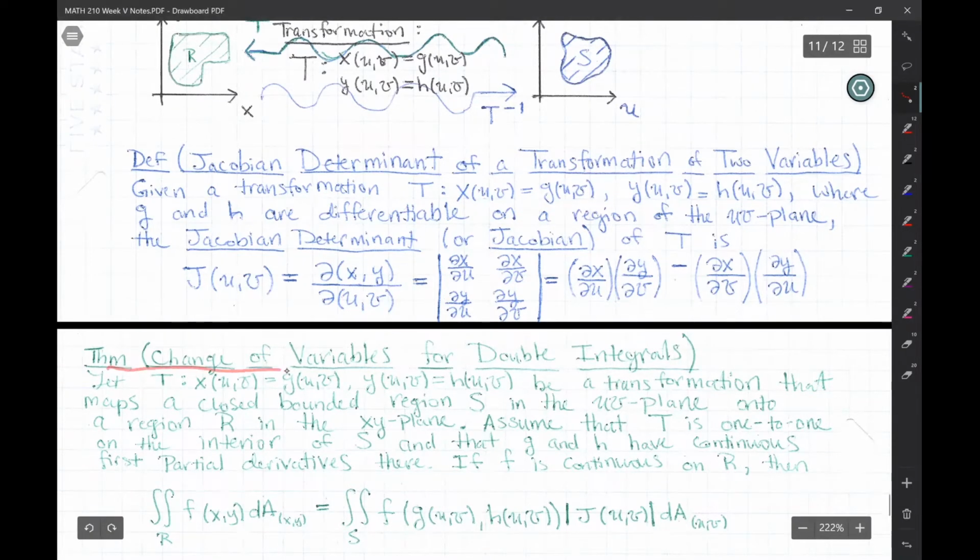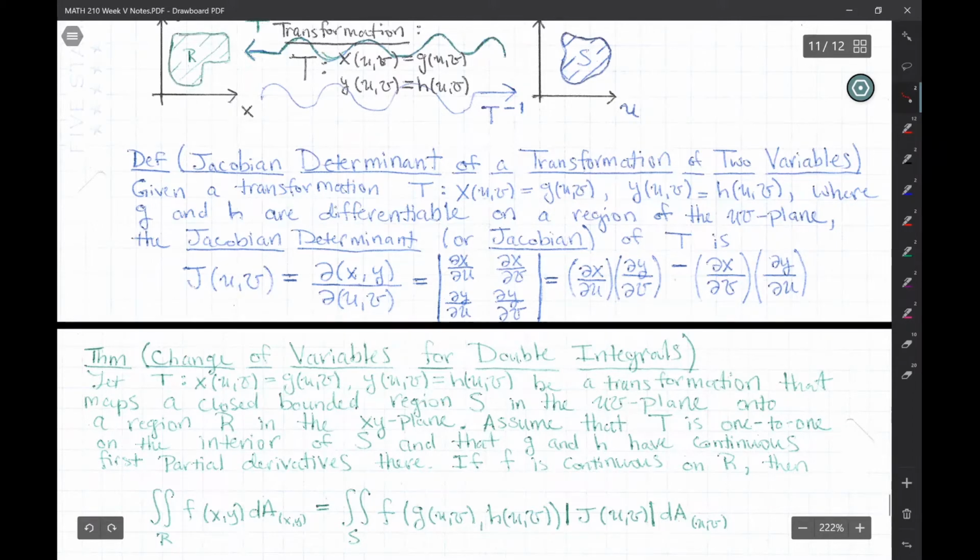So this theorem here will help us change variables from integrating using x and y to some general coordinates u and v, which are defined by our transformation. So let T be this transformation. So we have x in terms of u and v and y in terms of u and v.